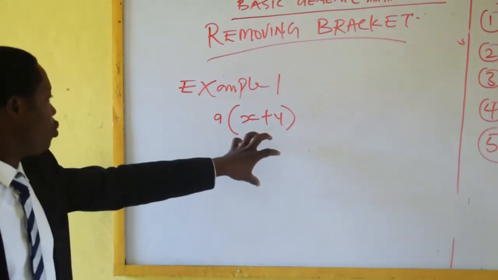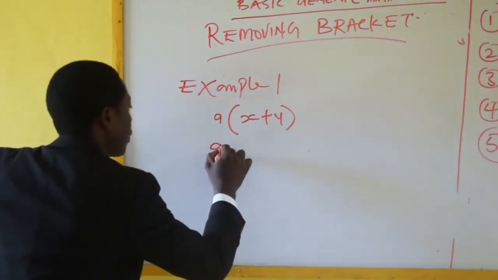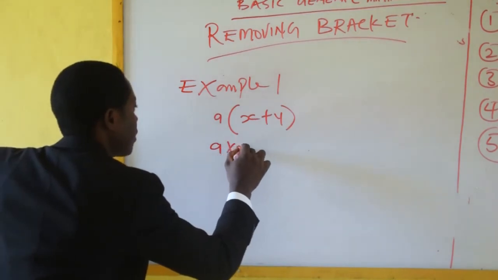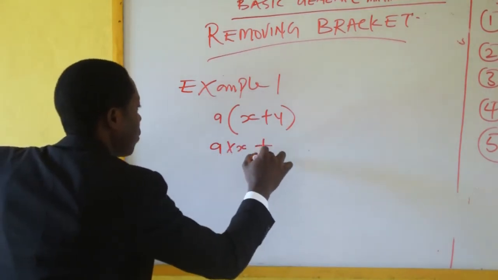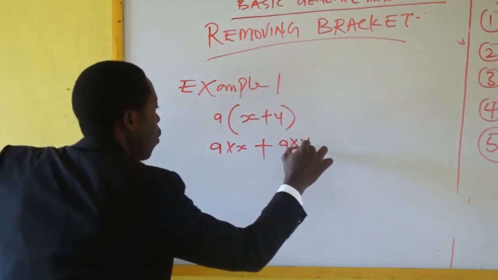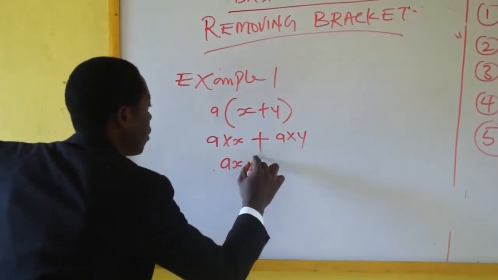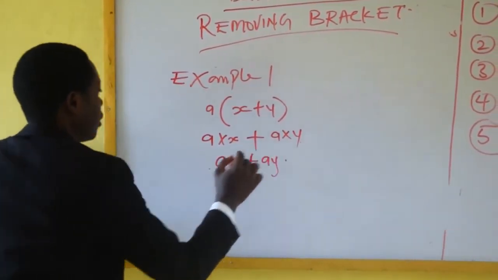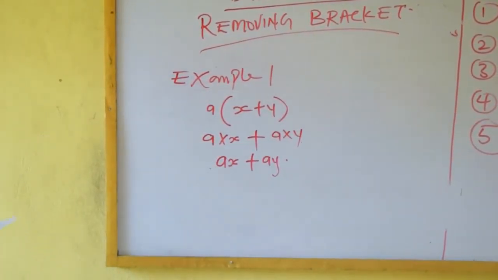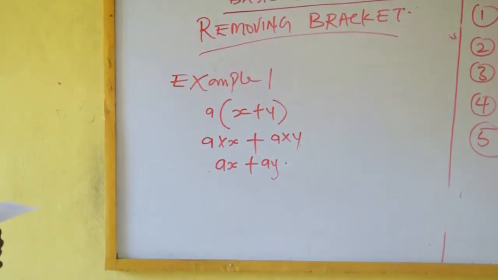So if you are going to be doing this, you have your a multiplied by x plus your a multiplied by y. And that will give you ax plus ay. Is that okay?